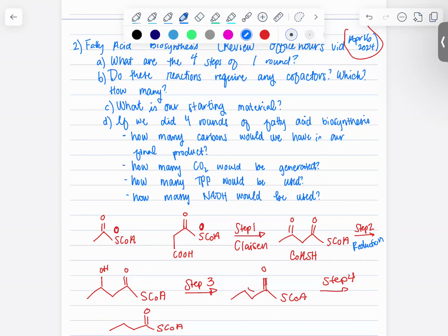What about step 3? Do we recognize what happened there? Elimination. And what about step 4?